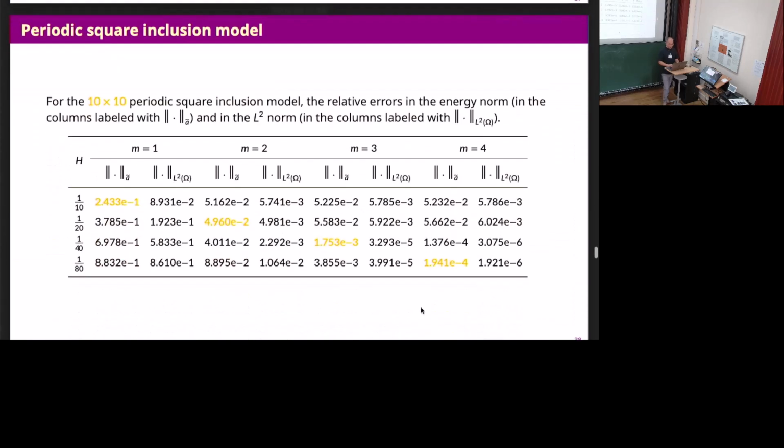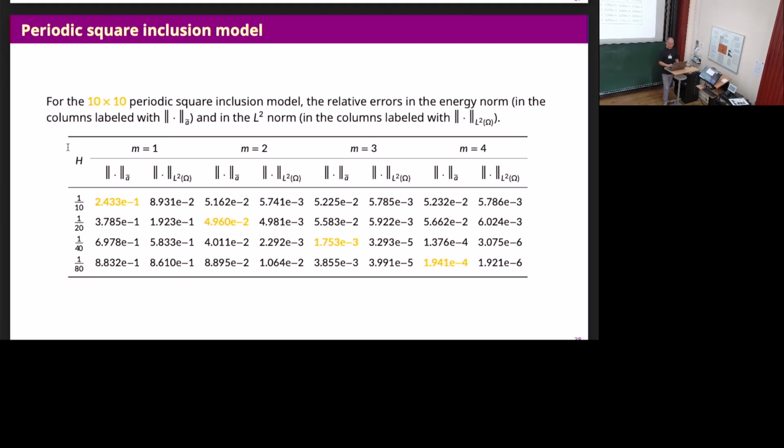And here we look at the errors in terms of the energy norm and also the L2 norm. As we refine the coarse grid, according to the theory, we also have to increase the oversampling layer. So if you look at these numbers, we observe some convergence rate as we increase coarse n.